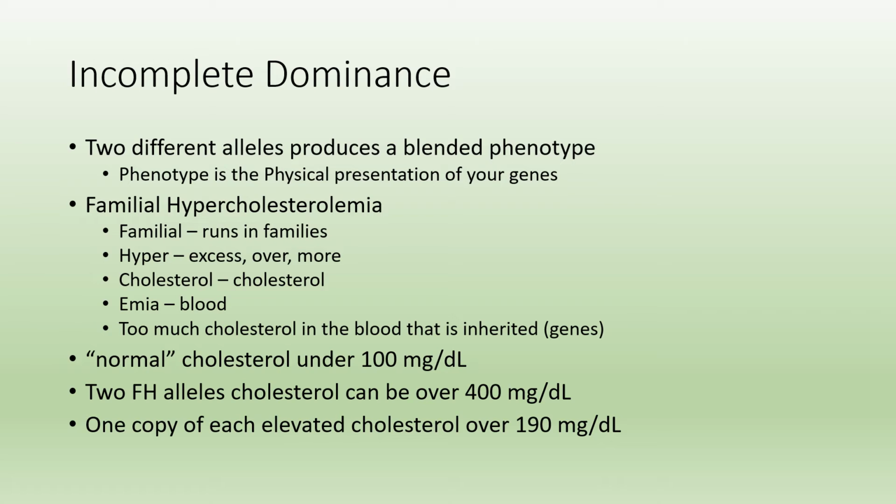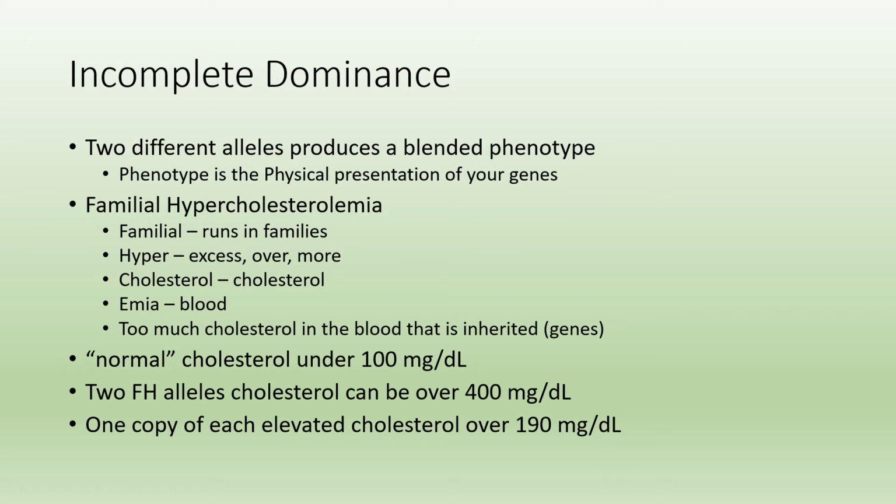It takes it out of the bloodstream. If you have these 2, if you are homozygous for the familial hypercholesteremia alleles, your blood cholesterol can be over 4 times what is considered a healthy or normal cholesterol. And this will be the case regardless of your lifestyle. It's going to be high.